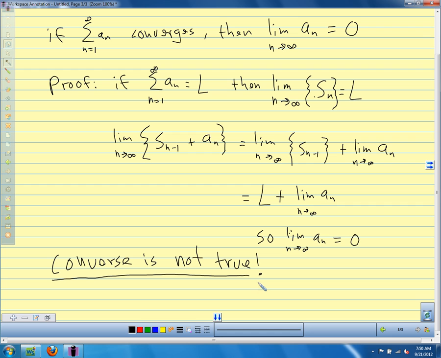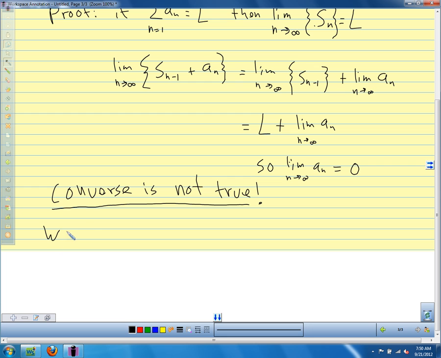So the converse is not true. So we cannot say that if the limit as n approaches infinity of a sub n equals 0, then our series converges.